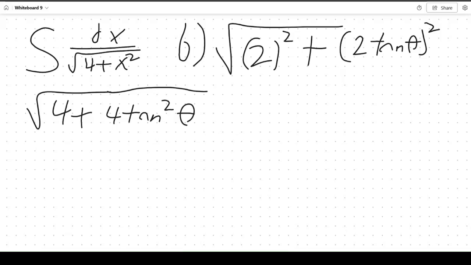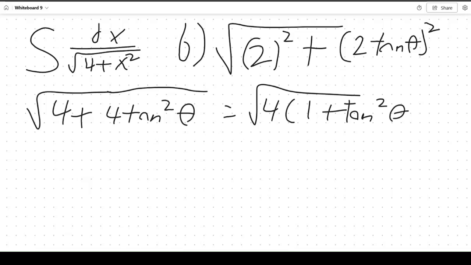And immediately we can take out the 4. So this would be 1 plus tan squared theta. And we know that 1 plus tan squared theta, from our trigonometric identities, is going to be secant squared.